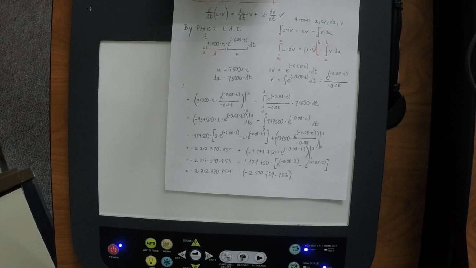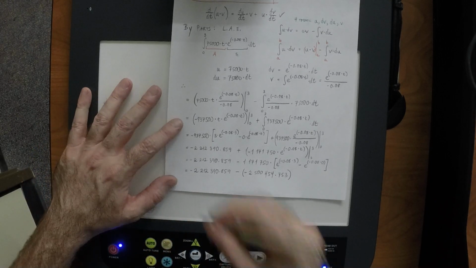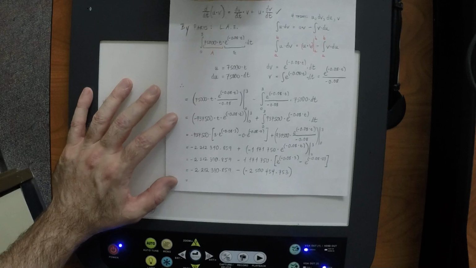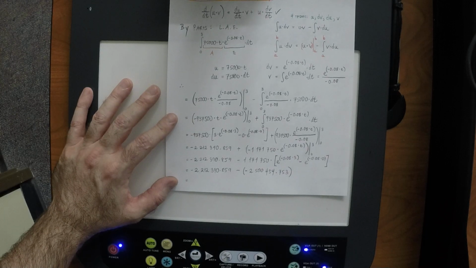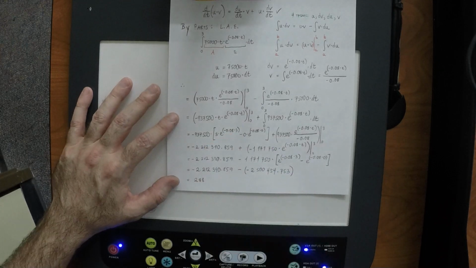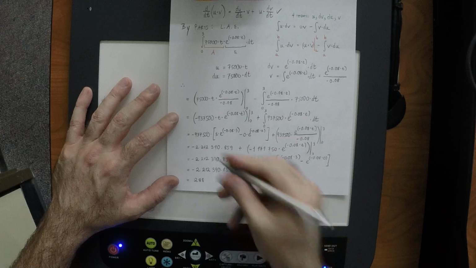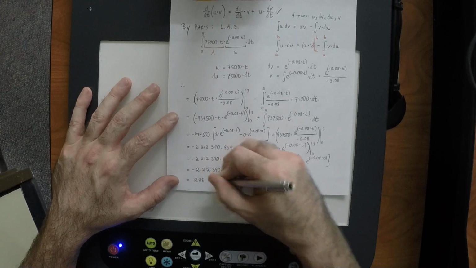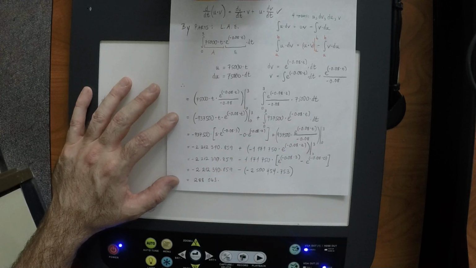So adding those two numbers together, I get, rounded to the nearest cent, $288,063.89.